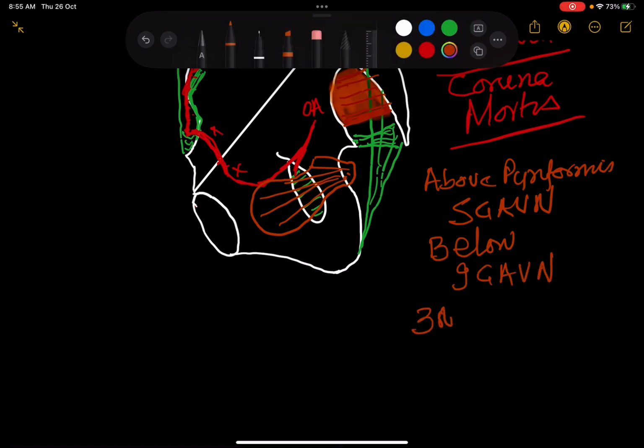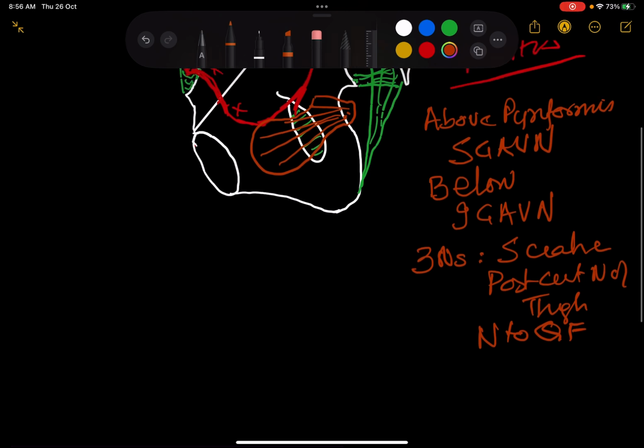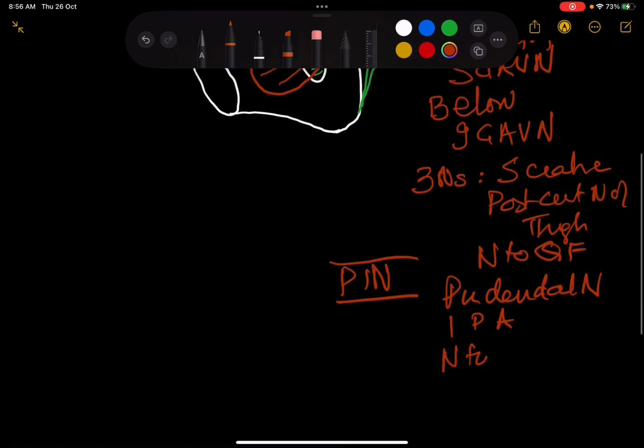Three nerves: the sciatic, the posterior cutaneous nerve of the thigh, and the nerve to quadratus femoris. And the PIN structures: the pudendal nerve, the internal pudendal artery, and the nerve to obturator internus.